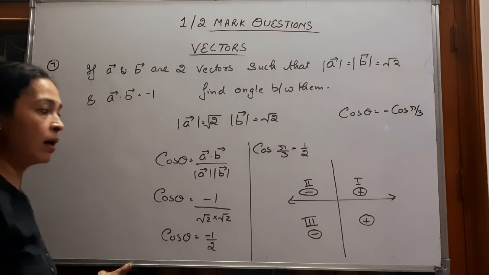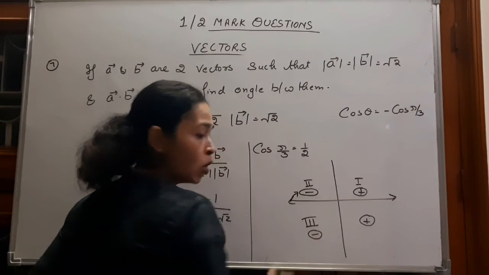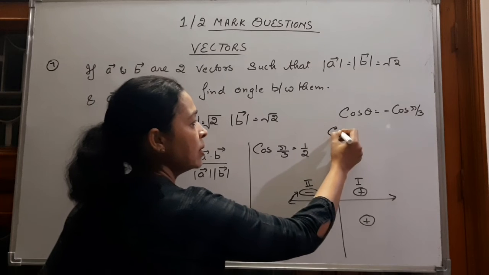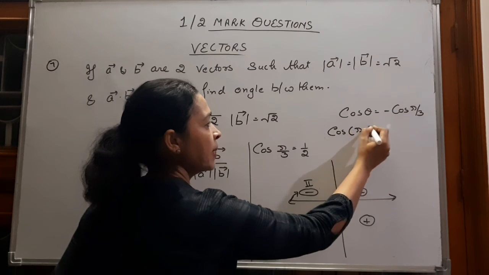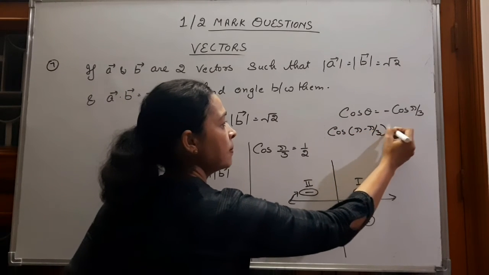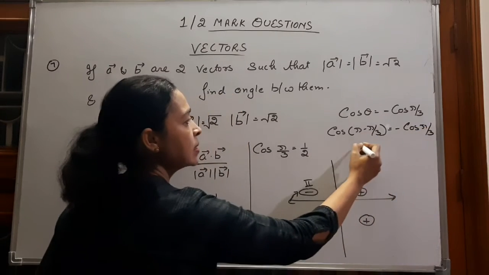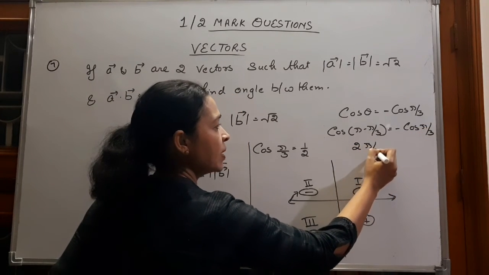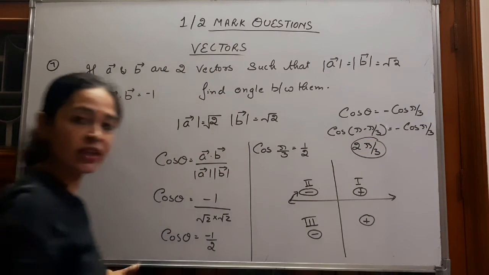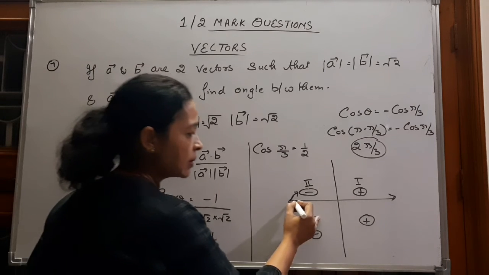What will be the value of theta? Cos of pi minus pi by 3 is minus cos pi by 3. That is, cos 2 pi by 3 is minus cos pi by 3.